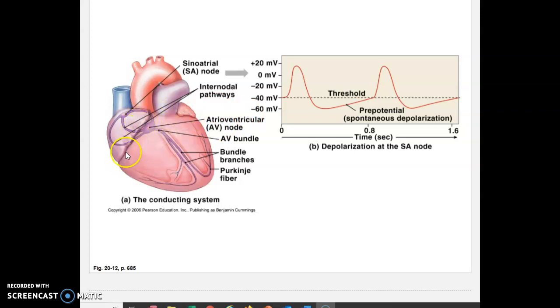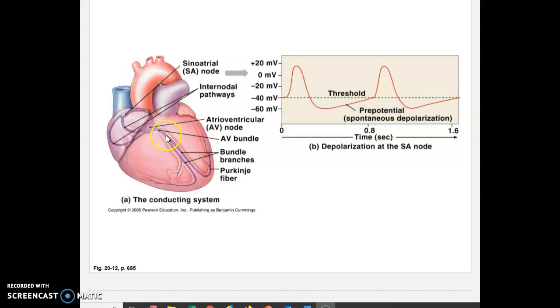And we actually have a groove here that separates the top part of the heart. That's the coronary sulcus, which has a fibrous skeleton that keeps the signal that's moving through this intrinsic conducting system from just jumping. Okay, now we have the AV bundle, which is the actual connection where the signal can move from the upper portion of the heart where the atria are to the lower portion of the heart, and it moves through the septum.